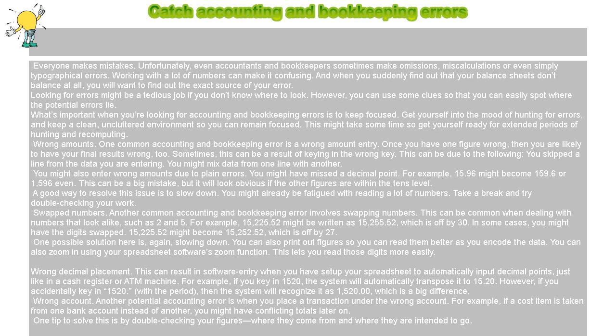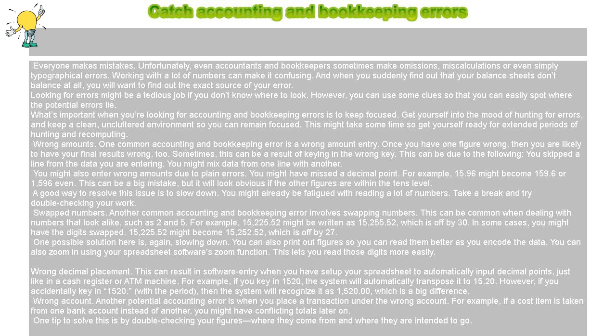This can be a big mistake, but it will look obvious if the other figures are within the tens level. A good way to resolve this issue is to slow down. You might already be fatigued with reading a lot of numbers. Take a break and try double-checking your work.